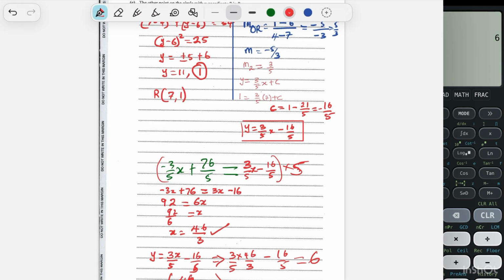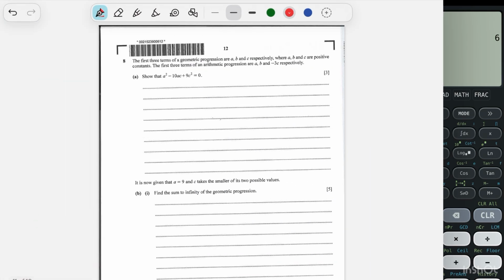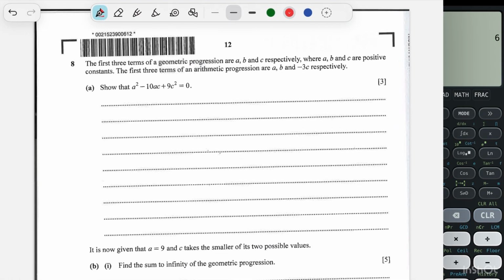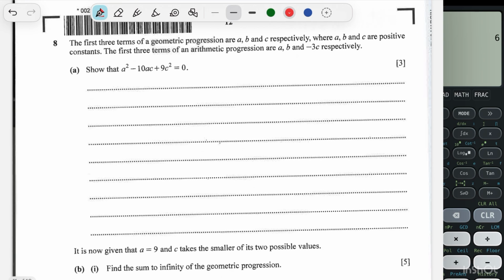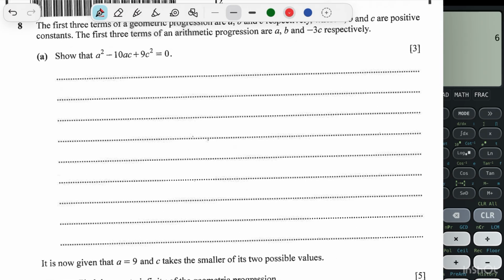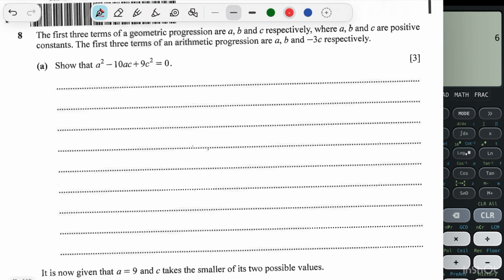All right, so now let's move to the next. We're given a sequence question. We're told the first 3 terms of a geometric progression are a, b, and c, and a, b, and c are positive constants. The same terms are also the first 3 terms of an arithmetic progression of this form. Since we know this, we can use the common ratio method.